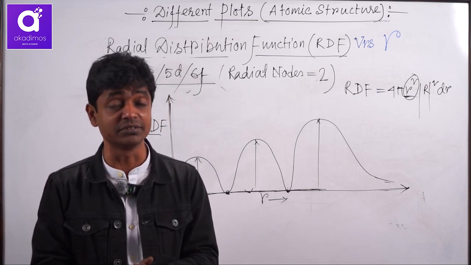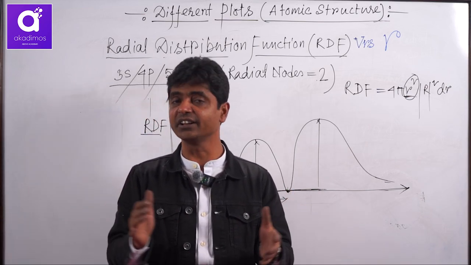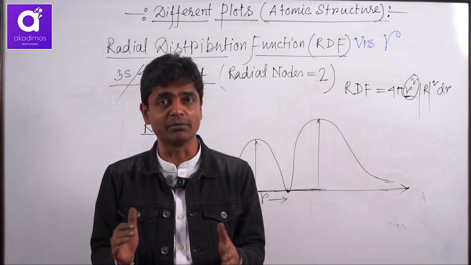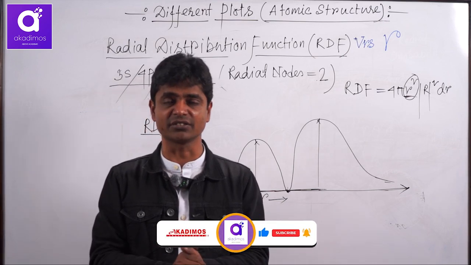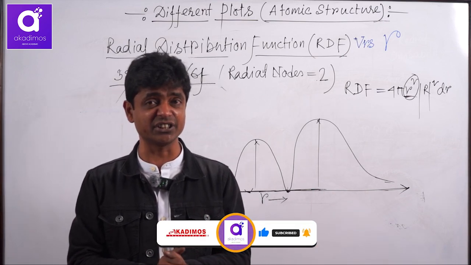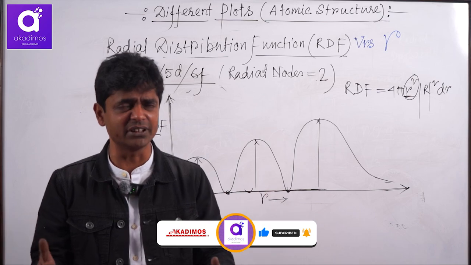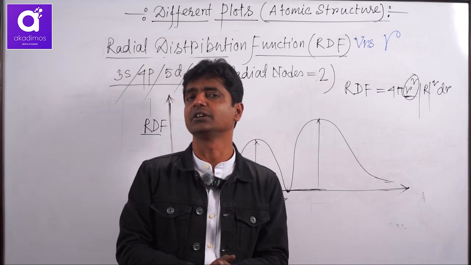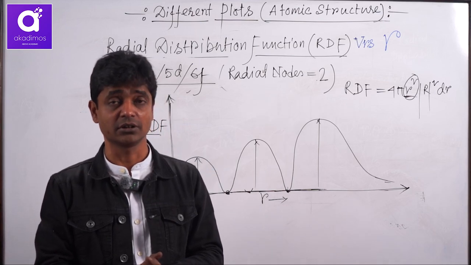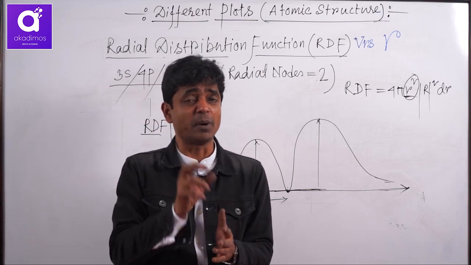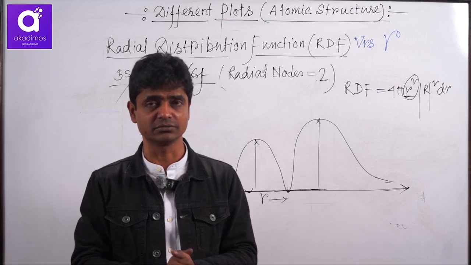From there we have the dipole moment idea. Of course, we have ideas about the stability of different configurations, ground state electronic configuration, and degree of degeneracy. So many parts we have in the atomic structure chapter. We will discuss different parts of this chapter in different videos.